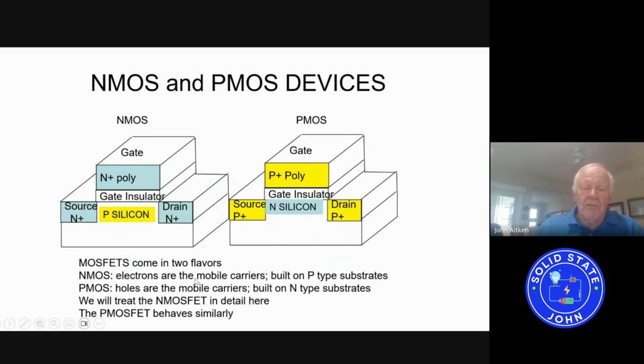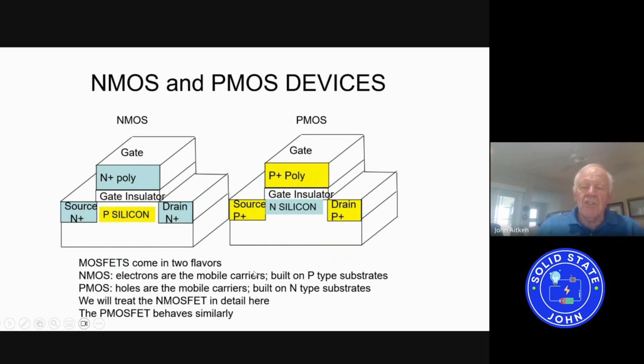In the PMOS devices, it's built on a different type of silicon, N-type silicon, and holes are the mobile carriers. Through this and most of the course, we'll be dealing mostly with the NMOS devices, and I'm going to give you the opportunity to try and make the conversions for the PMOS device, which behaves very similarly.